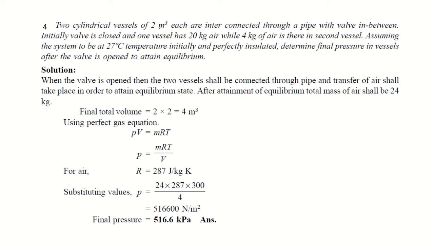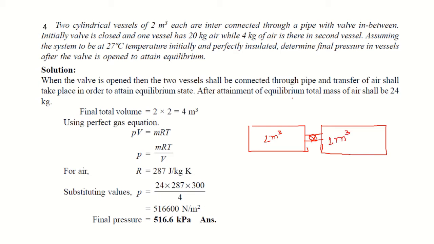Two cylindrical vessels of 2 meter cube each are interconnected through a pipe with a valve in between.